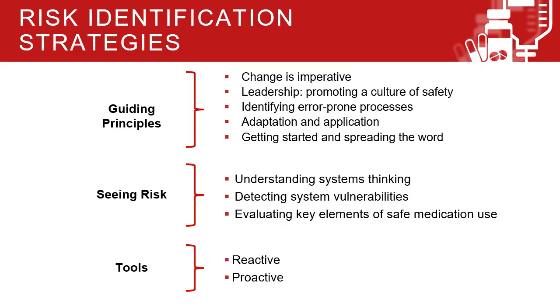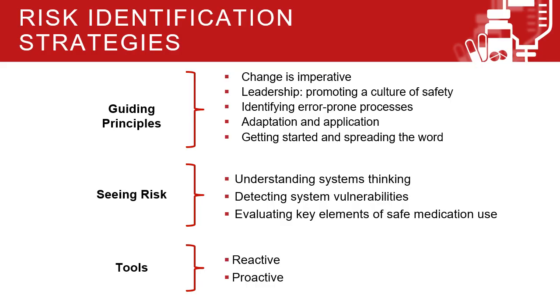In detecting system vulnerabilities, we're essentially locating the weak points, or the holes in the cheese, where failures can occur, so that we can address them. Finally, we reviewed ISMP's key elements of medication use, which ensure that each phase of the medication use system is systematically reviewed for potential safety concerns using the lens of these foundational elements.